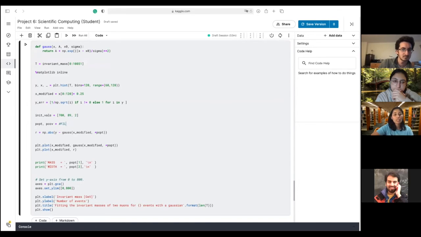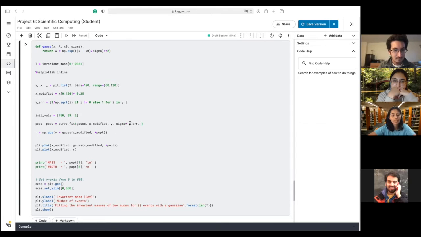And then we use the curve fit function from SciPy to fit. Curve fit requires a number of parameters. The first parameter would be the function, which we defined here, which is called Gauss. Then it requires the x values, which is x modified that we've defined, and then the y values, and then the y error that we defined here.